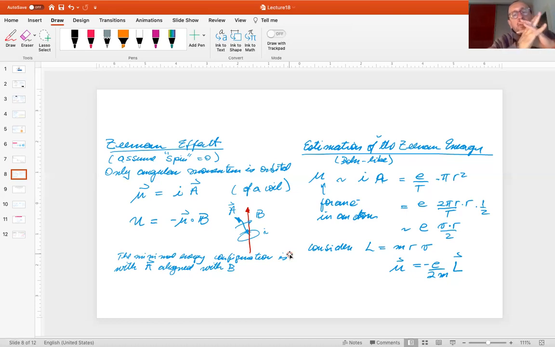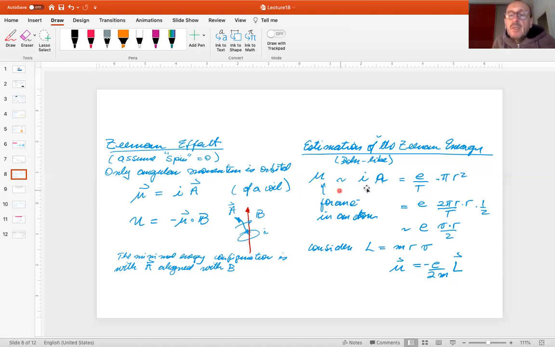The fact that I turn on a magnetic field will add some energy to the system. How much energy are you adding? So let's assume that applying a magnetic field doesn't actually change the trajectory. It produces a very small change in the trajectory of the electrons because the magnetic field is weak enough compared to the electric field that is holding the electron and the proton together.